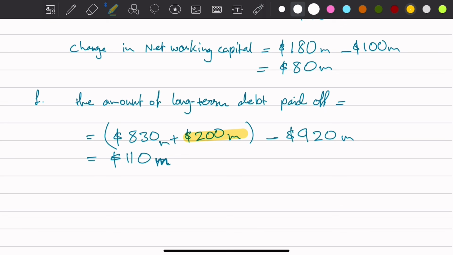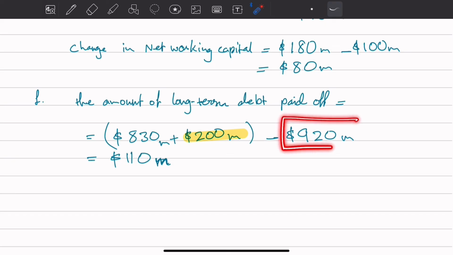The balance here should have come up to be 1,030 million, but as reflected in their balance sheet, the long-term debt only increased to 920. So the difference between the 1,030 million and the 920, which is 110 million, we can rationalize that this amount was actually paid off. That is why the amount of long-term debt was reduced by this amount.